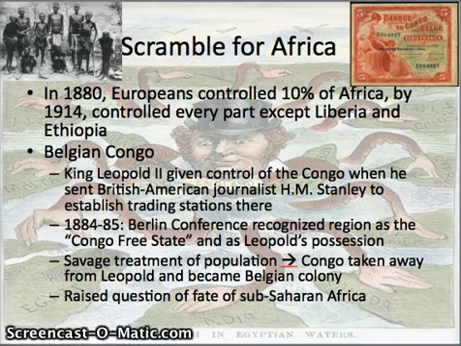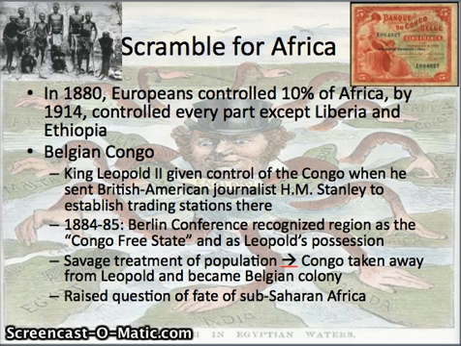It's pretty dramatic to see how quickly these European countries carve Africa up. In 1880, Europeans controlled 10% of Africa, but by 1914, they literally control every part of Africa except Liberia and Ethiopia. That's it. Again, we're going to look at a map in just a moment to show us that.